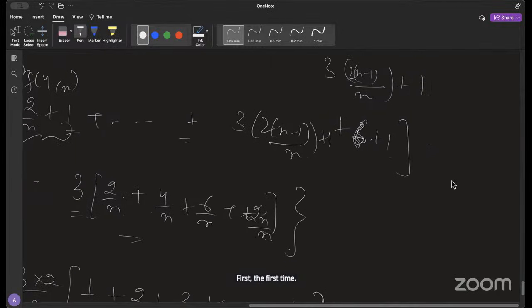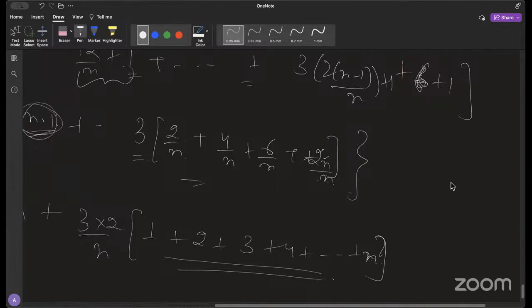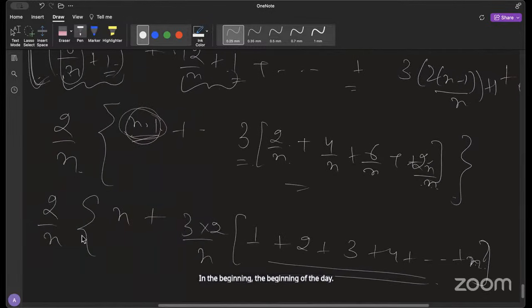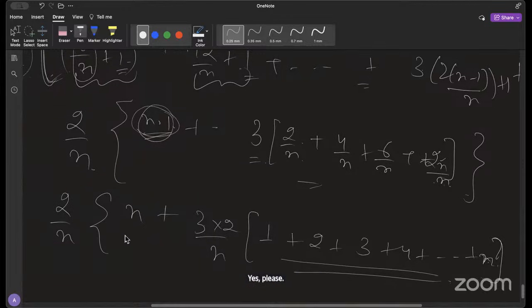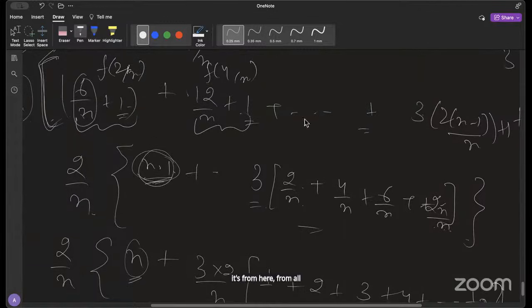Which one? The n at the beginning of the bracket. Yes, this n. Are you talking about this one? Yes. It's from here, from all the ones.